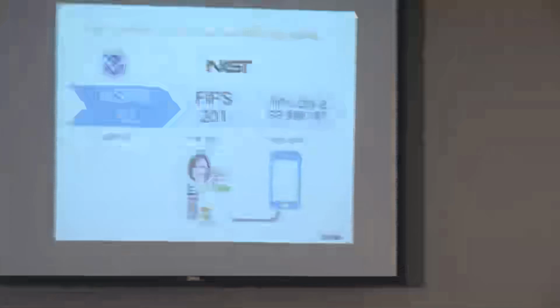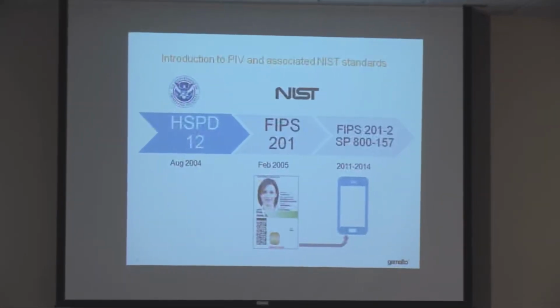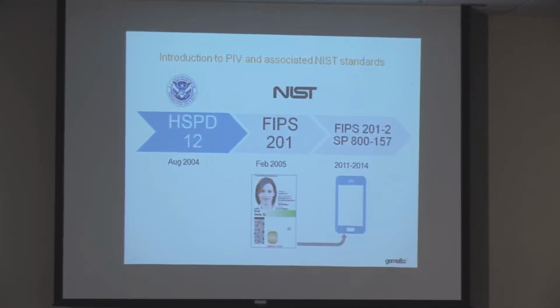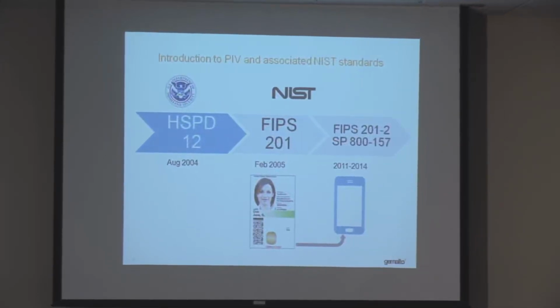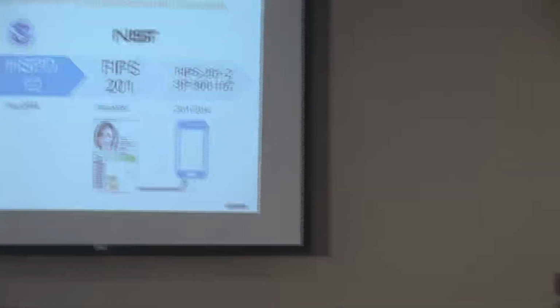Okay, thanks, Asad. First we'll start with a little history about PIV. PIV stands for Personal Identity Verification. I will mention it a lot. It was initiated in 2004 as a security presidential directive stating the requirements for a common, government-wide identification system.